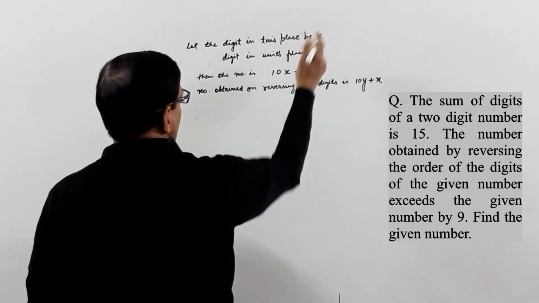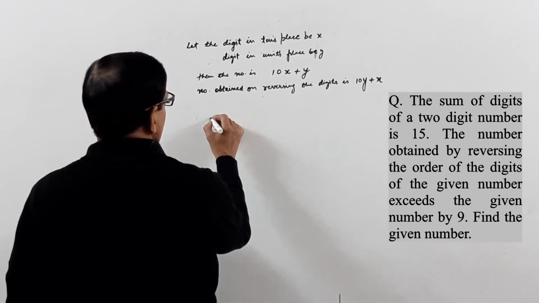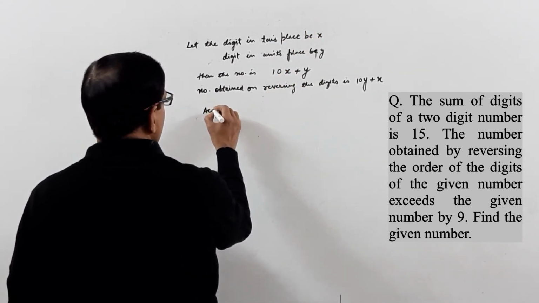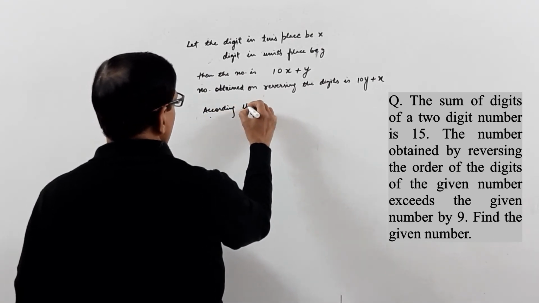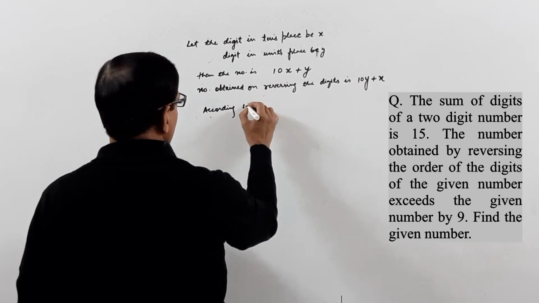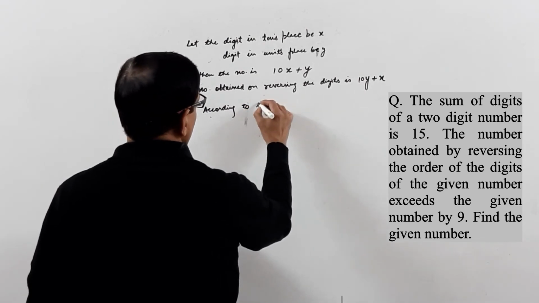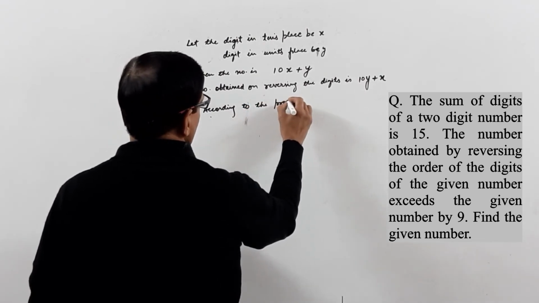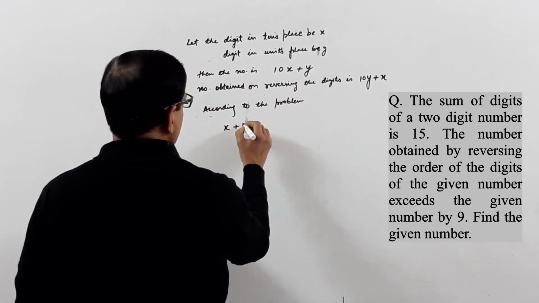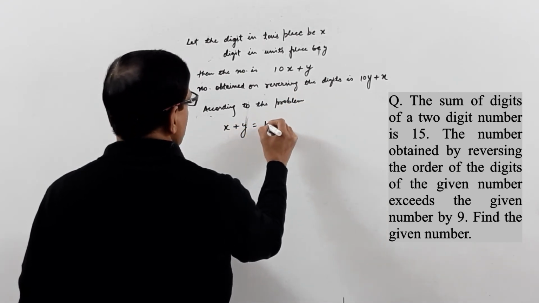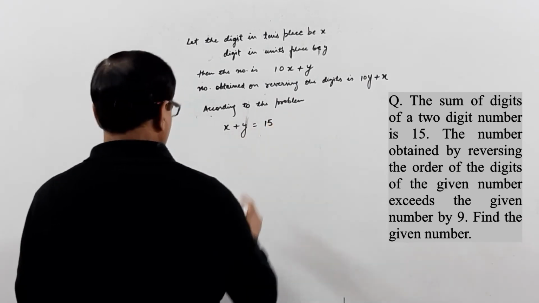So digits are x and y. So according to the condition, x plus y is equal to 15, the sum of digits is 15.